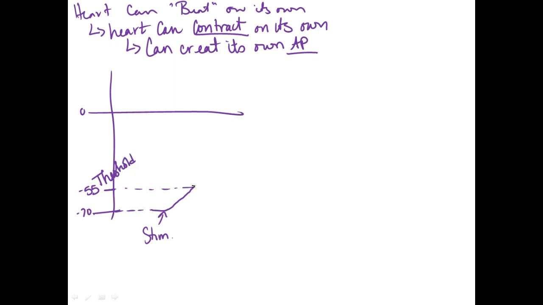If we reach threshold, we are going to fire off an action potential up to about +30, and then we're going to undergo the remaining components of our phase back down to resting.